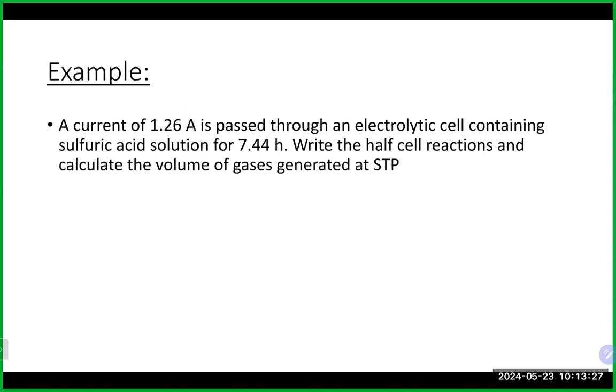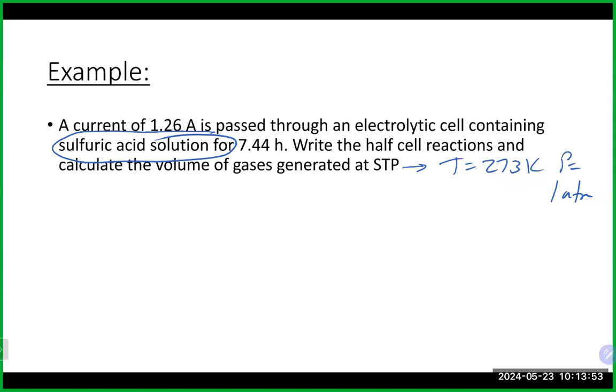Once again, there is no mention of water here, but sulfuric acid is mentioned, so we are doing the electrolysis of water in this problem. By the way, STP is standard temperature and pressure, a temperature of 273 Kelvin and a pressure of 1 atmosphere. So why don't you calculate the volume of each of these? I'll give you the half reactions on the next page.